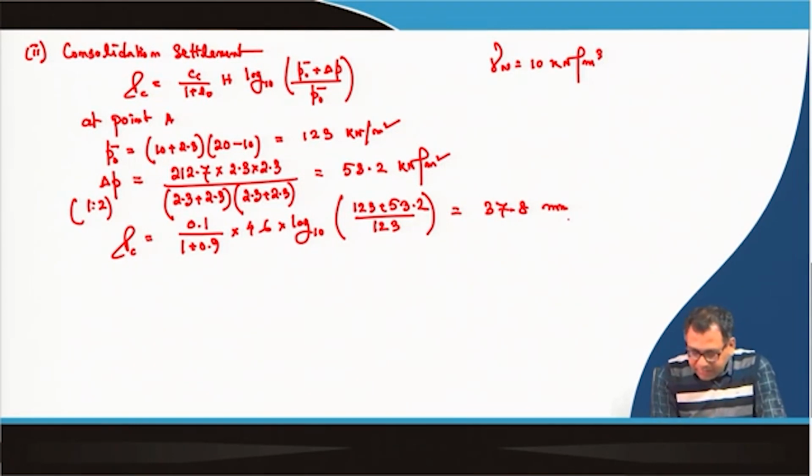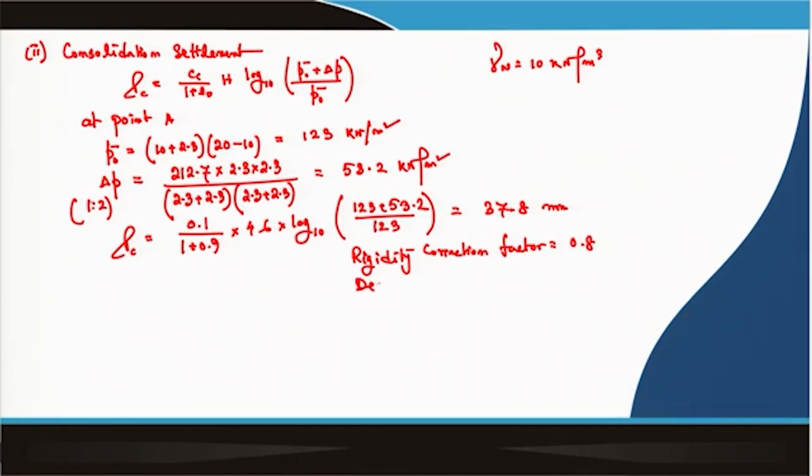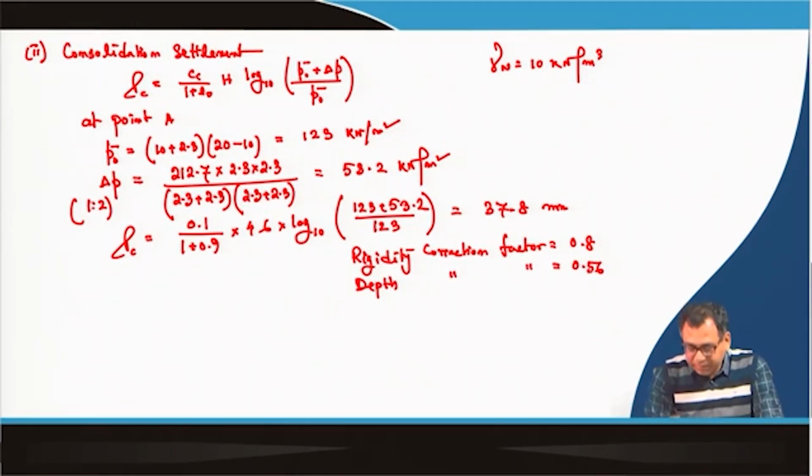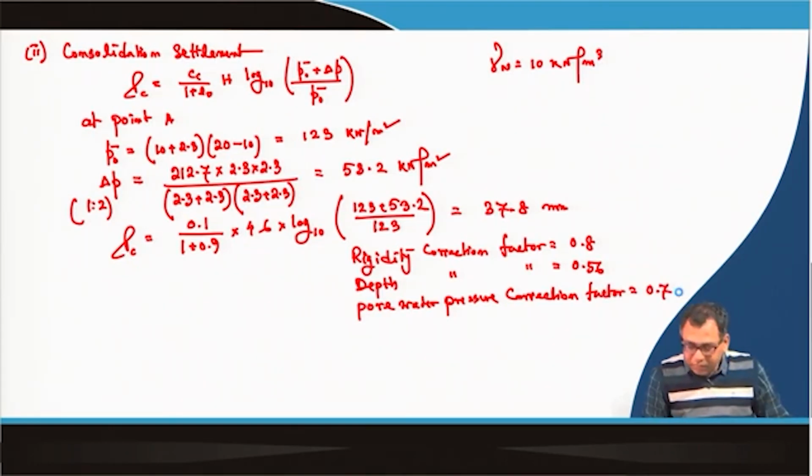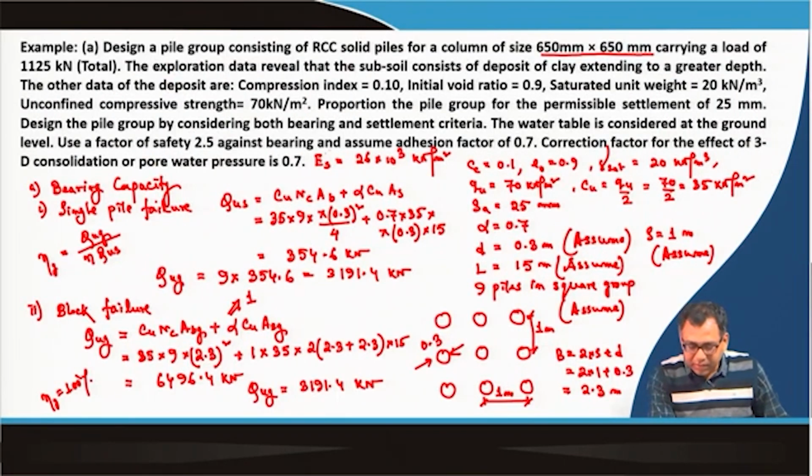So, what corrections do you have to apply? Again the rigidity correction factor, which is 0.8, then the depth correction factor, which is 0.56 that we have already determined, then the pore water pressure correction factor, which is given as 0.7.